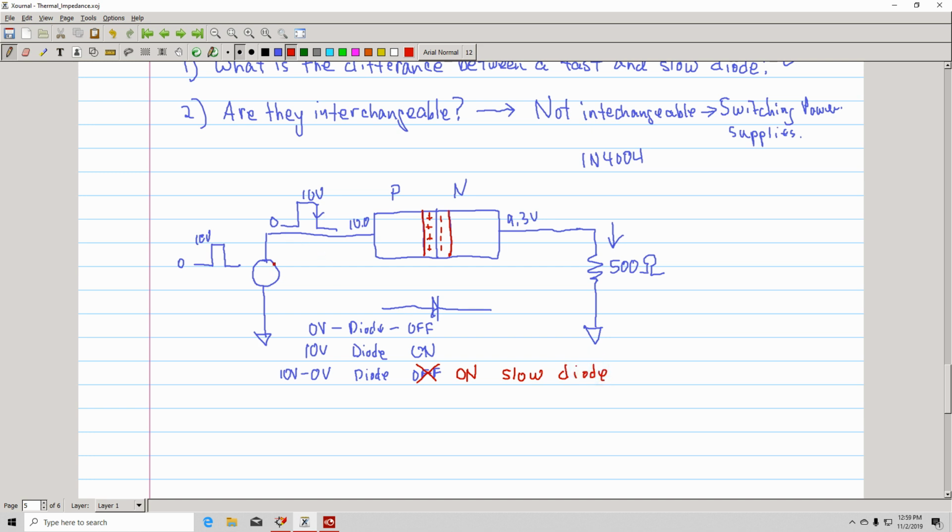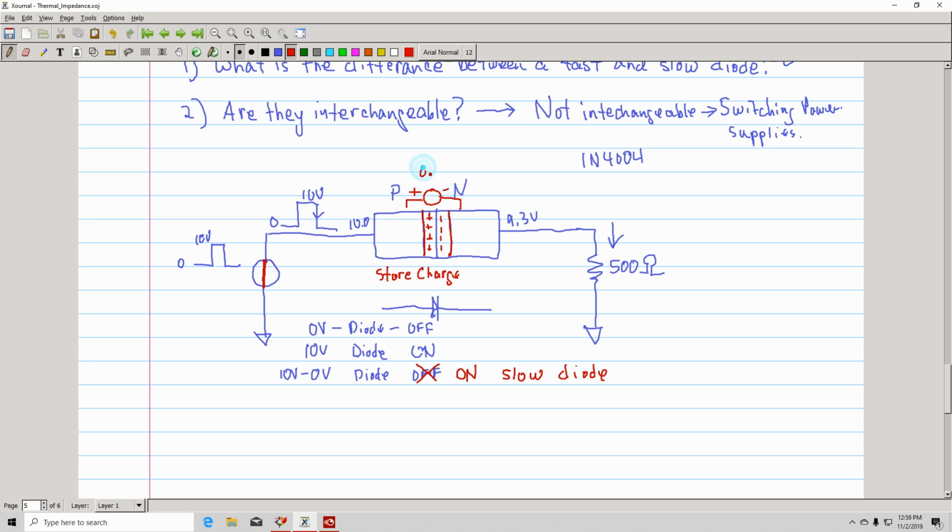Let's see what happens when this goes to 0. You can think of this as a short. But there's a stored charge that acts like a little battery, basically. At least that's the way I envision it, like a little charged battery.